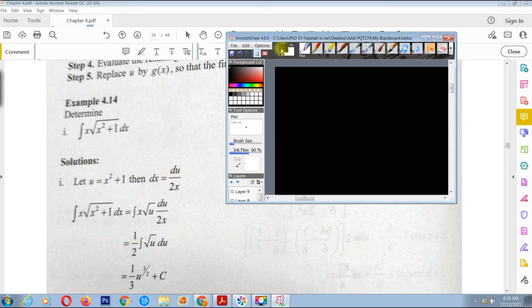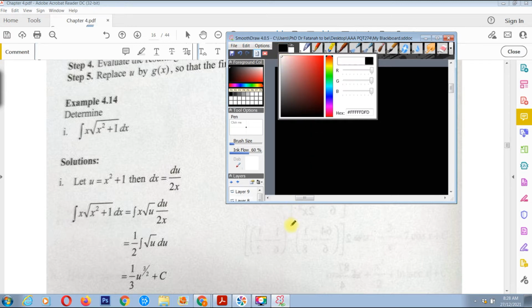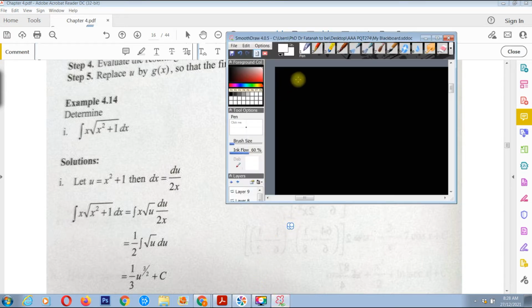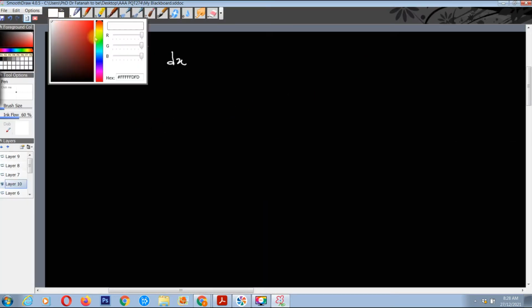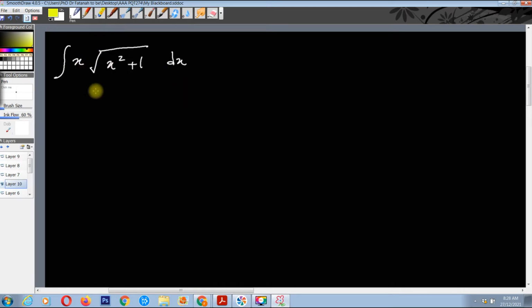Okay, so we have this function, integrate x square root of x squared plus 1 dx. Okay, so now if we differentiate this, let's say we have u equals x squared plus 1.